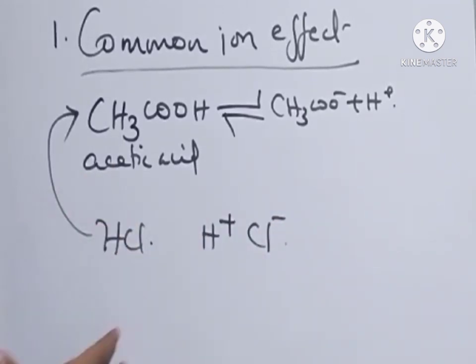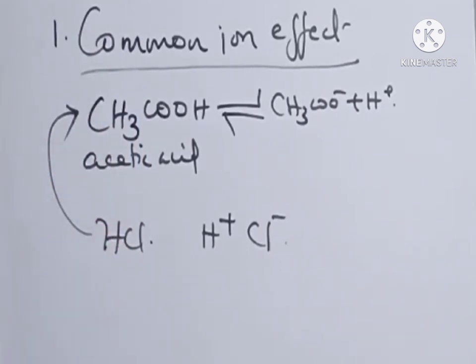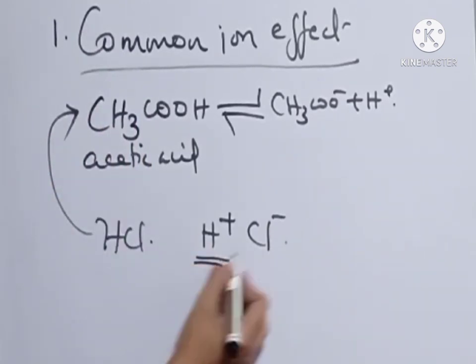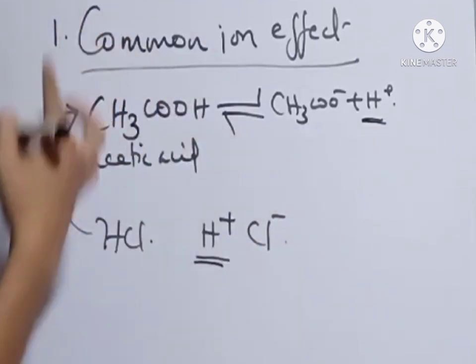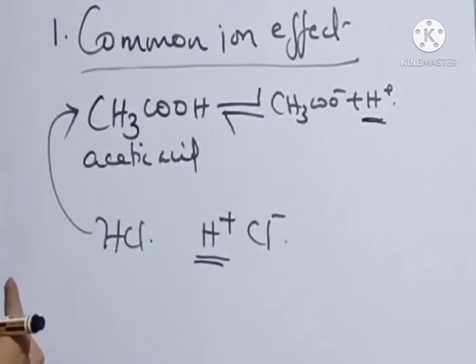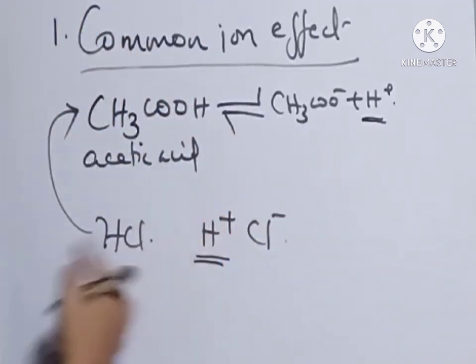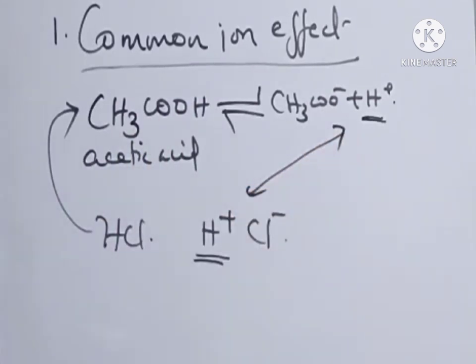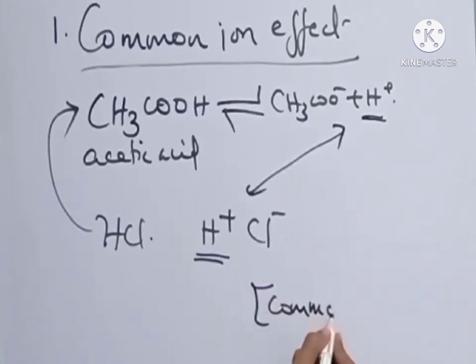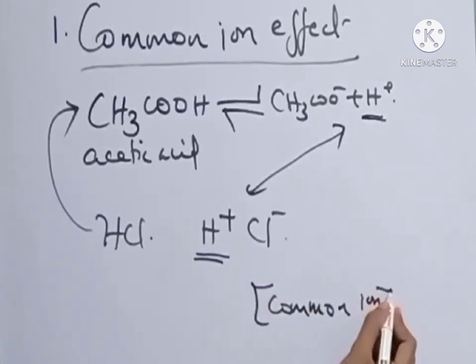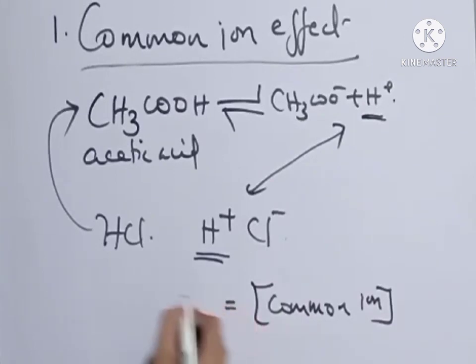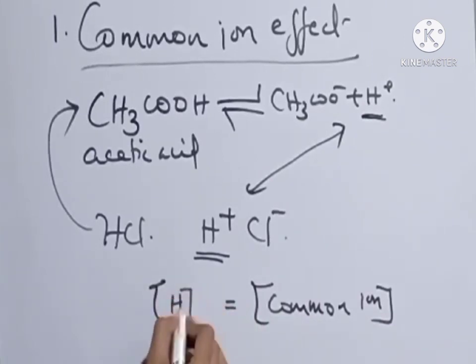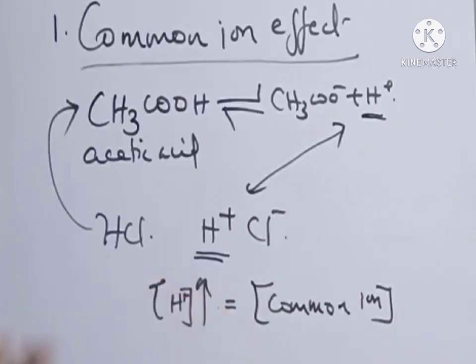When I add hydrochloric acid to acetic acid, the concentration of H plus ions increases, because both electrolytes contain this common ion H plus.